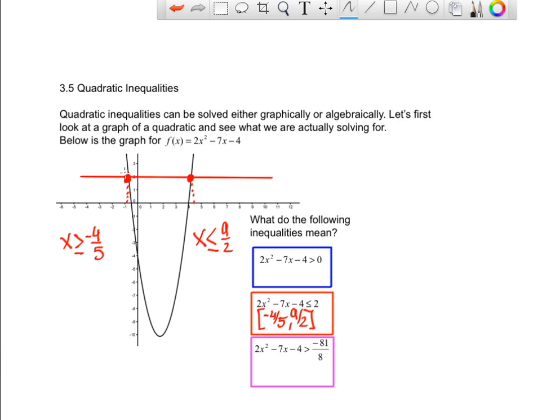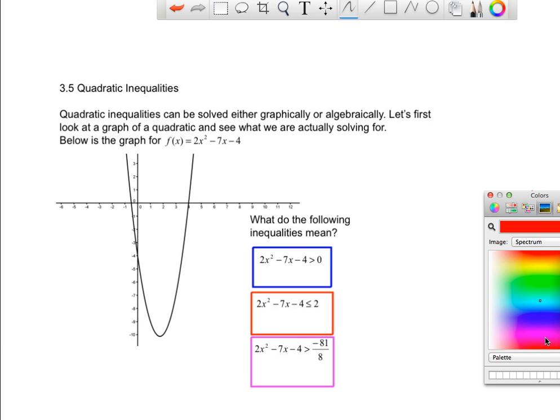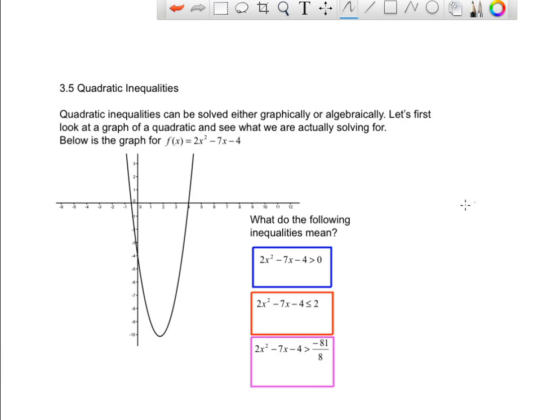Okay, all right, last one. Should have a purplish somewhere over here. Okay, so negative 81/8. I'm willing to bet that negative 81/8 is the vertex over here. Okay, actually I know it's the vertex.